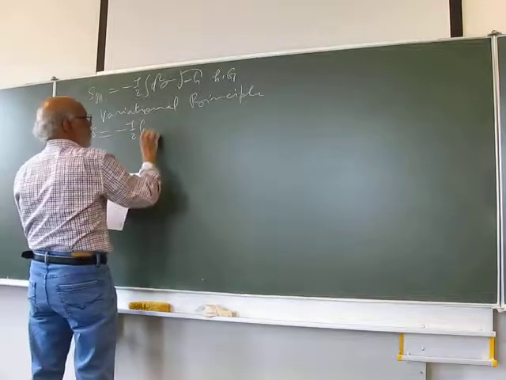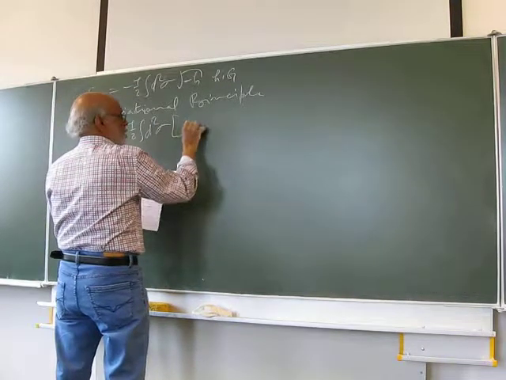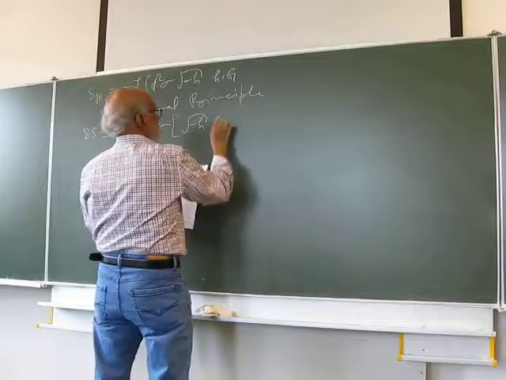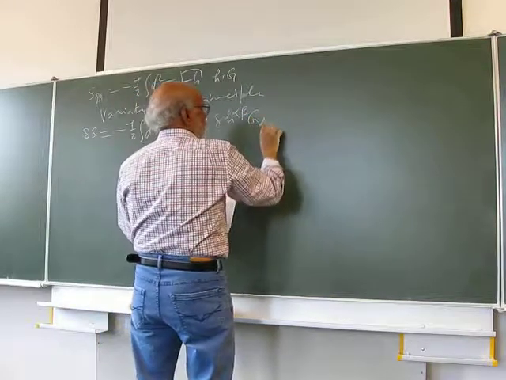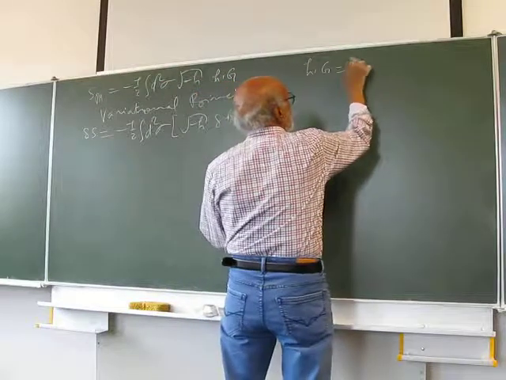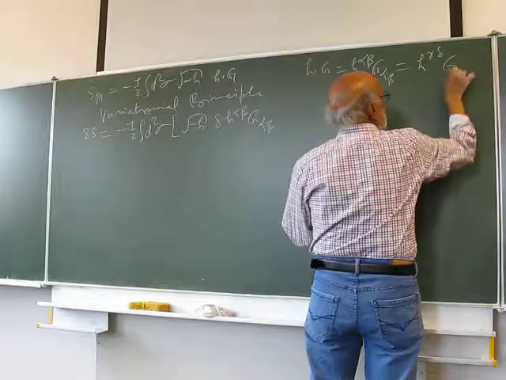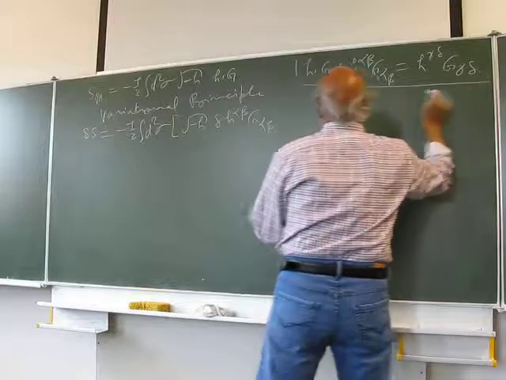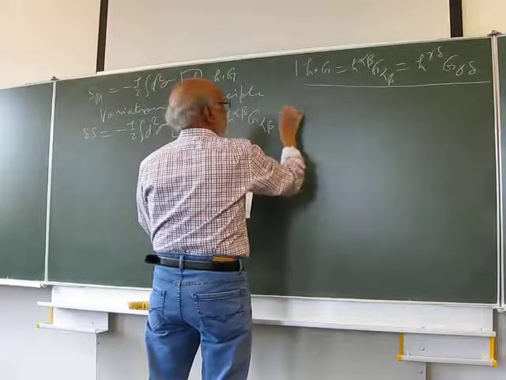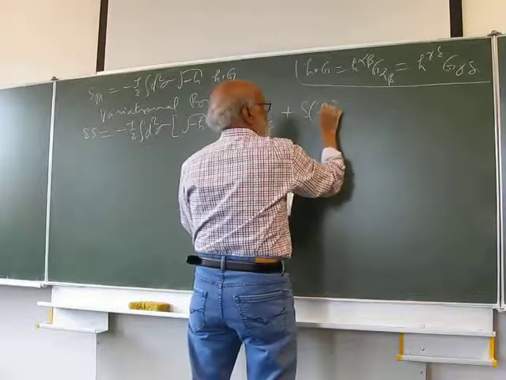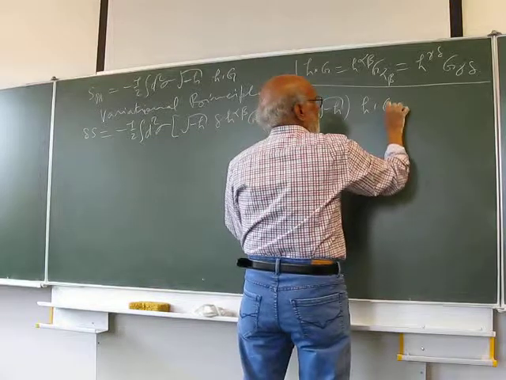is minus T by 2 d2 sigma into square root of minus h, this plus, and here let me write h dot g.